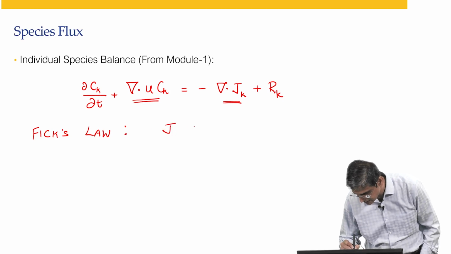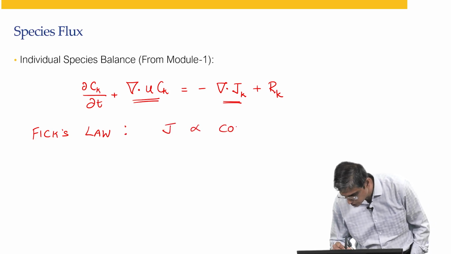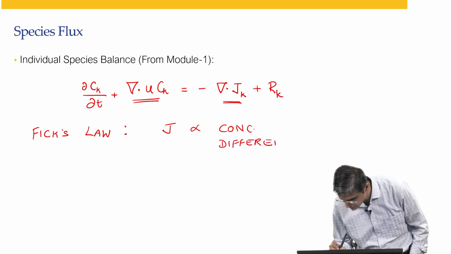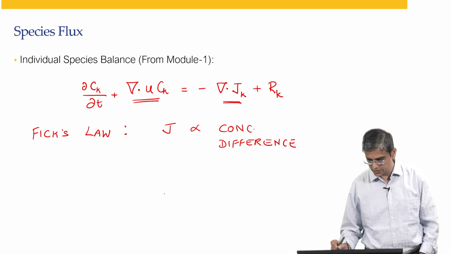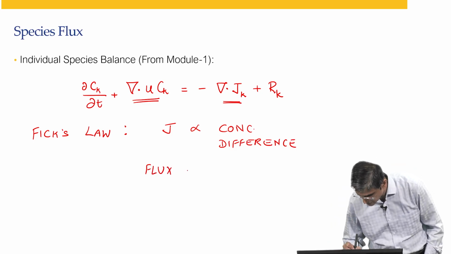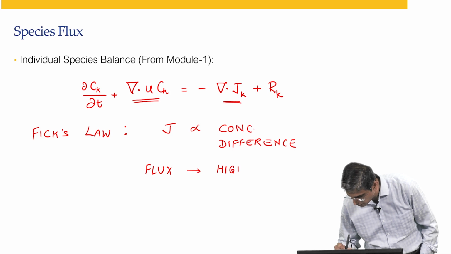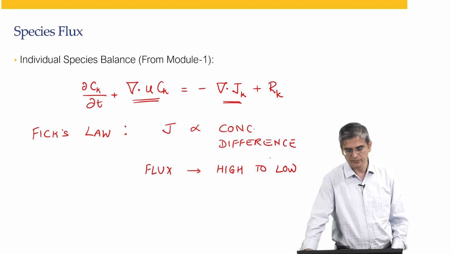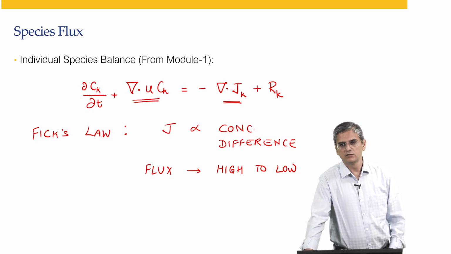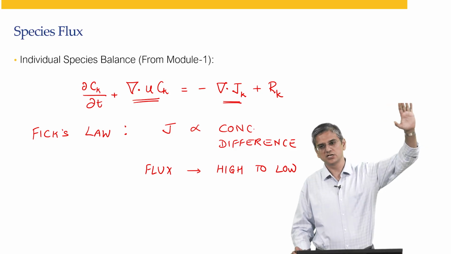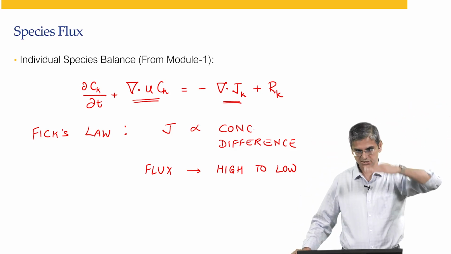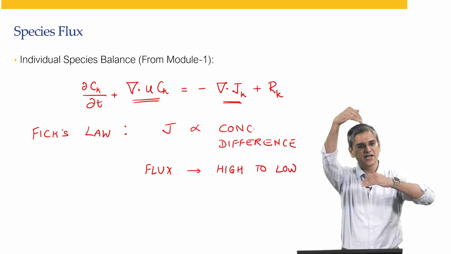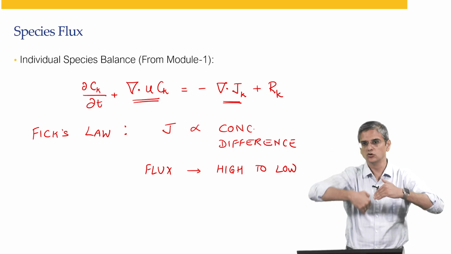Fick's law basically says that J is proportional to the concentration difference, and flux is in the direction of high to low. Proportional to concentration difference basically means C at this location minus C at that location.